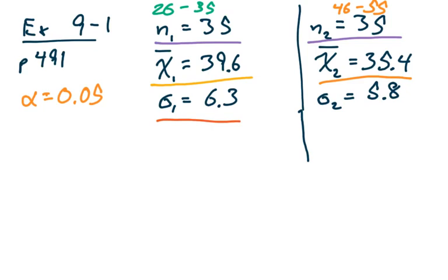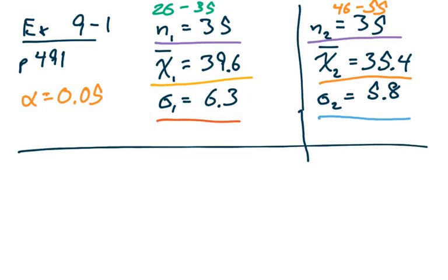And then in the second group, we're assuming it was 5.8 hours. At alpha equals 0.05, can it be concluded that there is a significant difference in the average times each group spends on leisure activities? All right, so there is all of the pertinent information and the question at hand.